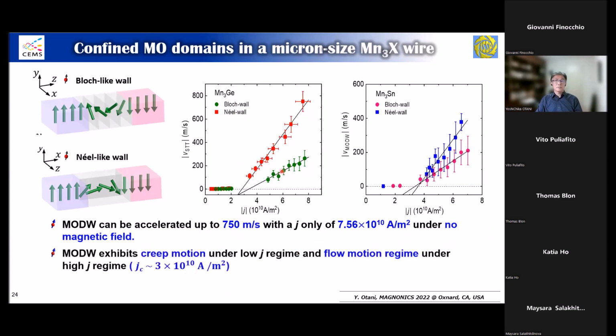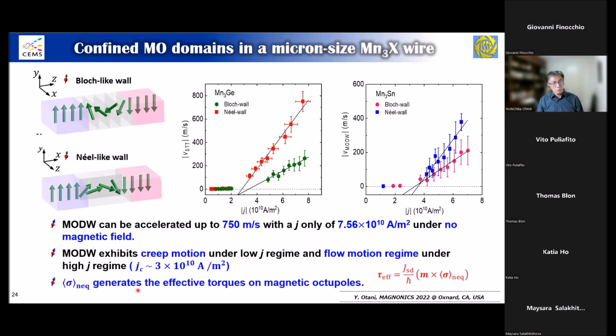And this region corresponds to what we have already observed in the previous study. This exhibits creep motion under the low J regime, and a flow motion regime under the high J regime, above 3 times 10 to the 10th ampere per meter squared. The same feature can be observed in the case of manganese-3 tin.